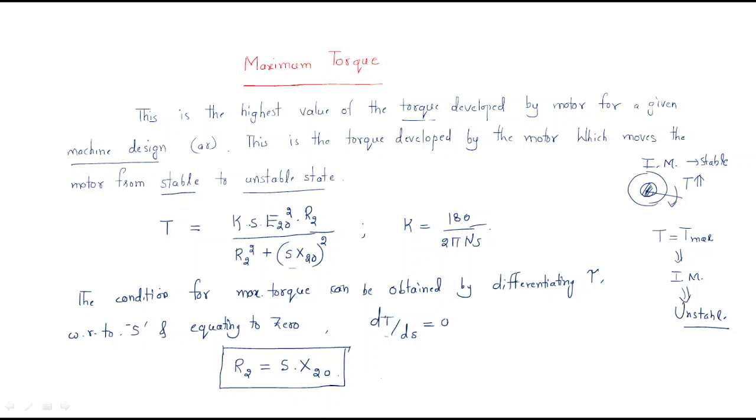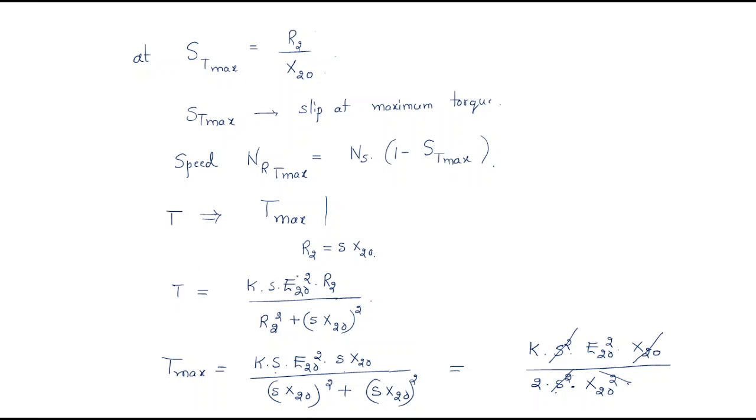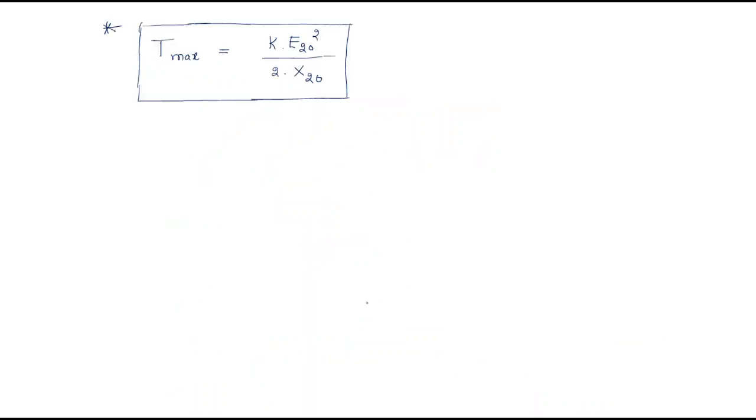So we differentiate the torque with respect to slip and equate to 0, and we get the condition R2 equals S x2 naught. Substituting this in the torque gives the maximum torque, and by doing the calculation we get 2 x2 naught.